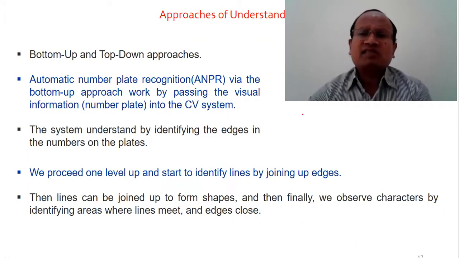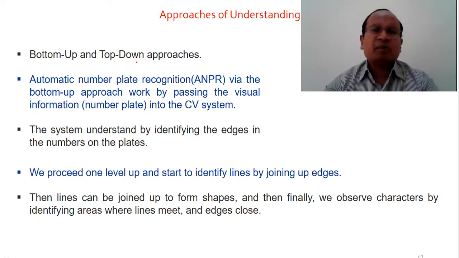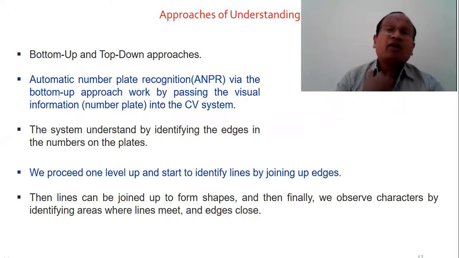There are generally two approaches in computer vision: bottom up and top down. Take automatic number plate recognition, also called automatic license plate recognition. This is a bottom up approach, by which we parse the visual information and then develop a knowledge base.